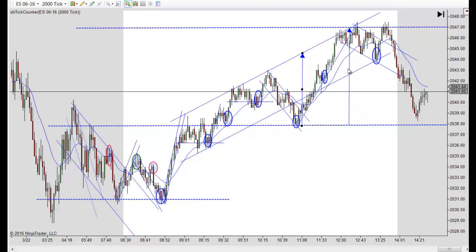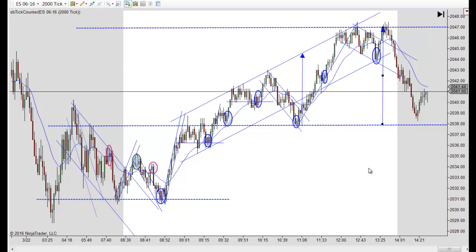But if we keep going higher, I'm going to measure from the low down here up to that midpoint. This is really the midpoint where we were swinging on both sides most of the day. Then I will measure that and move that up, and you can see where that hit, and nothing closed above it. We did push above it for a couple of ticks here and there, but nothing closed above it.